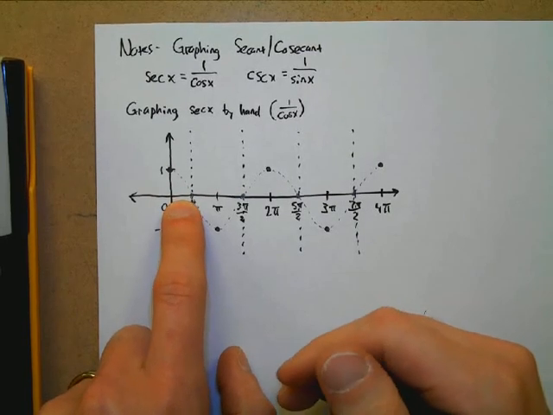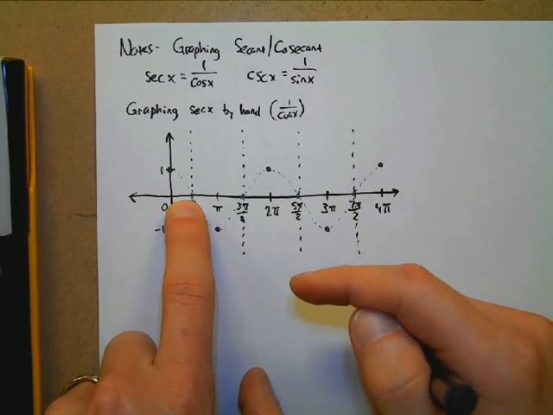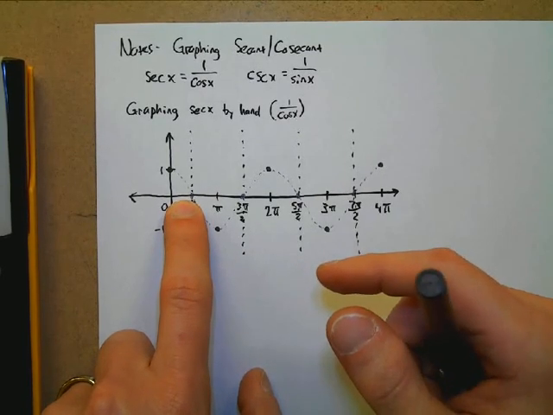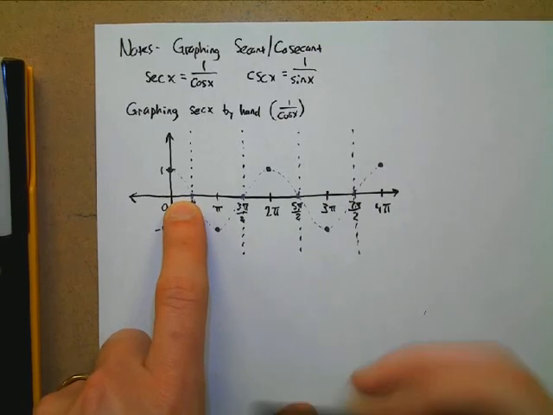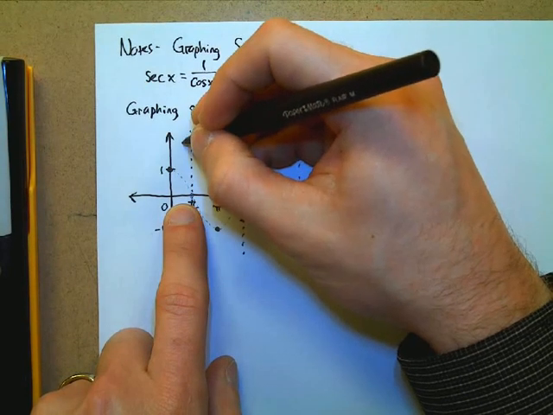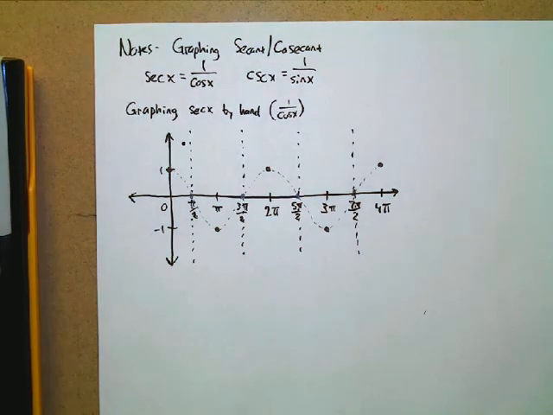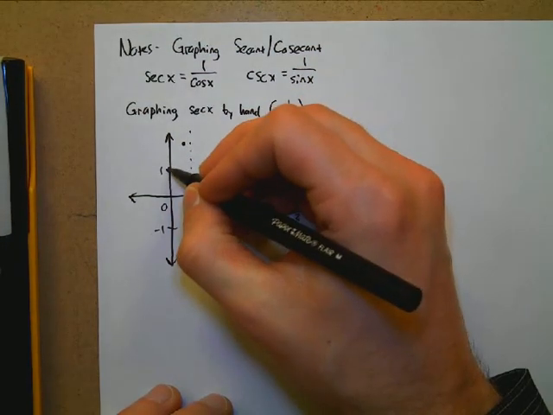What's the reciprocal of 1/2? It's 2. So at pi over 3, roughly here, we're going to go up to 2, roughly there. Because reciprocal. And so you can see, if we have this point and the 2, we're going to look something like this, approaching the asymptote. If pi over 3 gives us a positive 1/2, its reciprocal is 2.